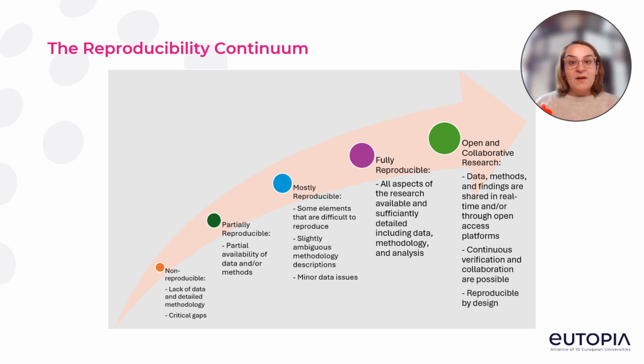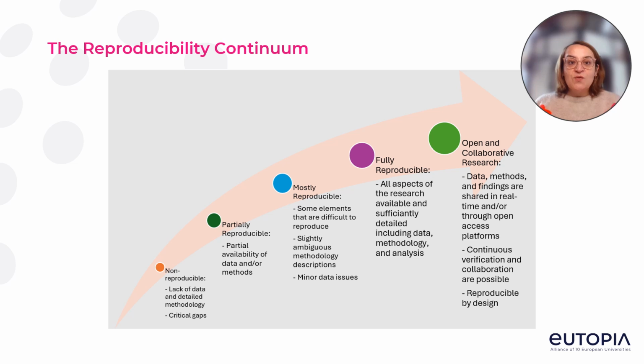We speak of a continuum as reproducibility is not a binary state, reproducible or not, but rather a spectrum where different levels of reproducibility and validation can be achieved. And each stage of this continuum reflects a higher degree of transparency, detail, and accessibility in research reporting.